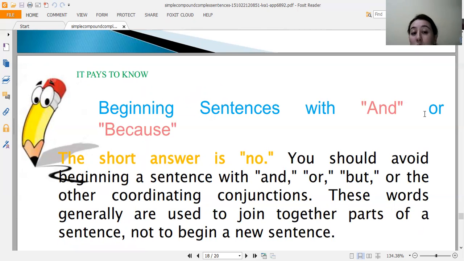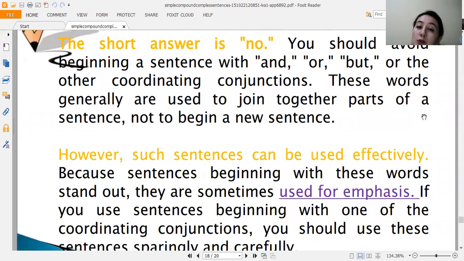A commonly asked question: can we start a sentence with the words and or but? We cannot start a sentence with and or but, because they are coordinating conjunctions. They are used to join clauses or parts of a sentence together, but not to begin a new sentence.